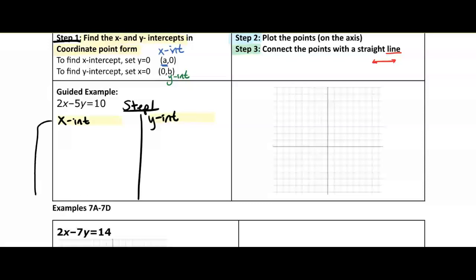If I look ahead, what will my x-intercept as a coordinate point look like? It'll be a parenthesis. Then will I have a 0 first or some x value first? Some x value, so I'm going to leave that blank. Will I have a 0 next or some y value next? A 0, and then close parenthesis.